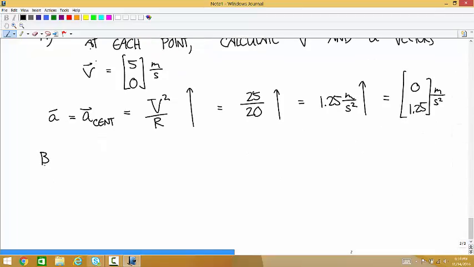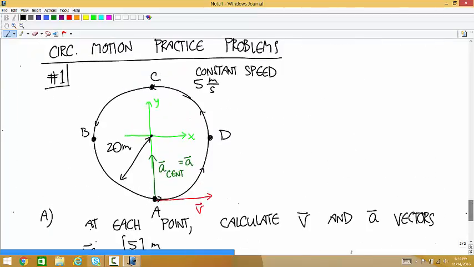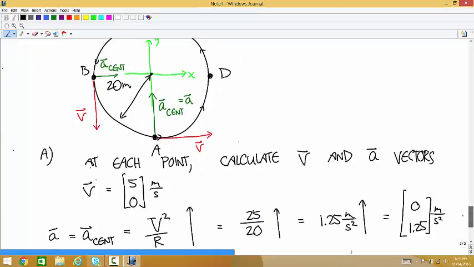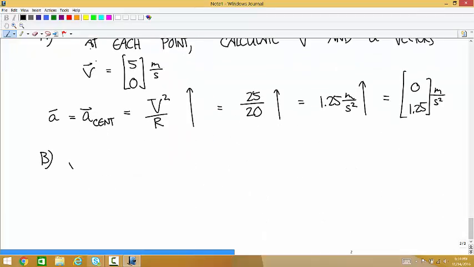And now at the point B, the velocity is tangent to the circle, so it's this way. The centripetal acceleration is this way. So the velocity is in the negative y direction. It has a magnitude of 5, so it's just 0, -5 meters per second.